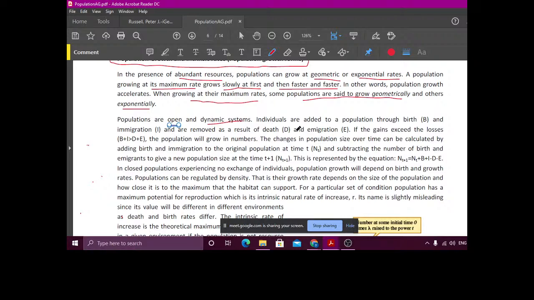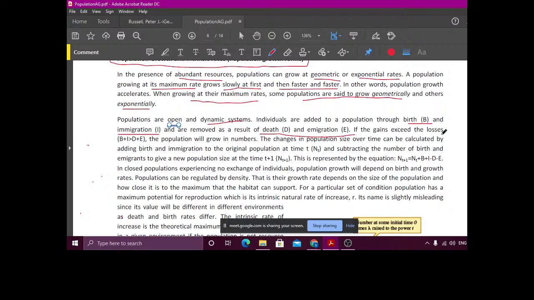So they are dynamic. Individuals are added to a population through birth and immigration. Immigration means people from outside come inside. Birth means individuals are born, and they are removed as a result of death and emigration.